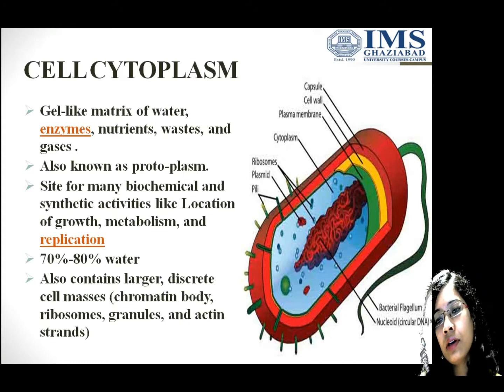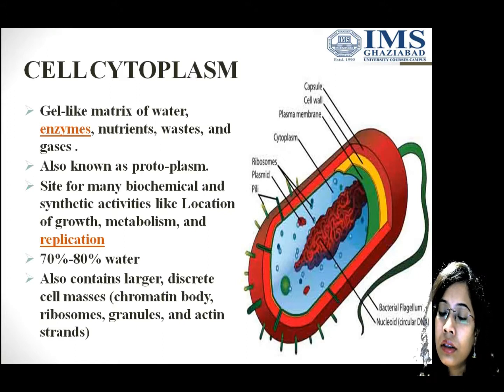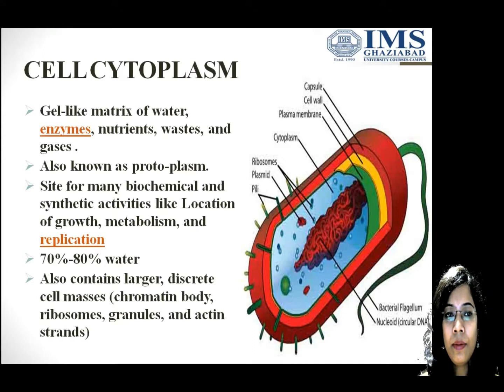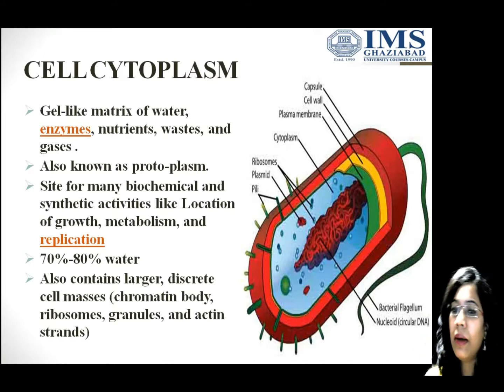Cytoplasm is important as many biochemical reactions occur here because mitochondria and other organelles are not present. It is the site for many biochemical reactions and synthetic activities like growth, metabolism, and replication. All functions occur here.